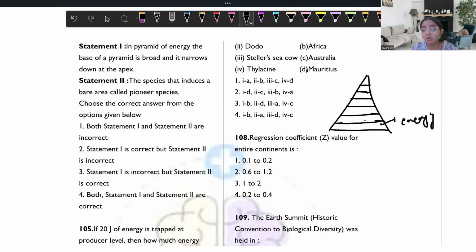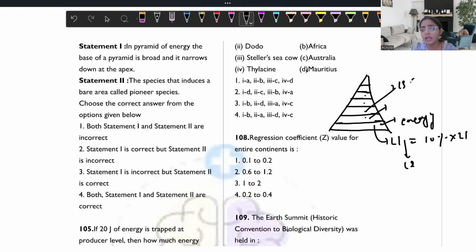That is why the amount of energy present at the upper levels is decreasing continuously. And what is the amount of energy produced at each level? It is 10% of the level before. For example, this is level 1. The energy present at level 2 will be 10% of the energy present at level 1. Now suppose we want to find the energy present at level 3.